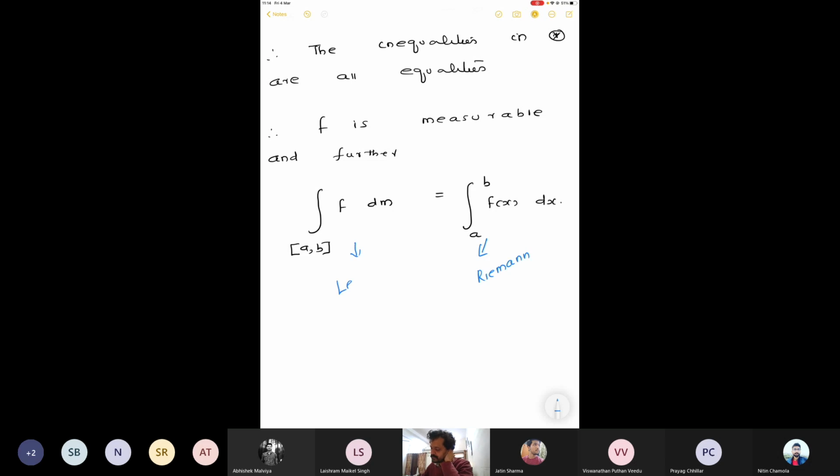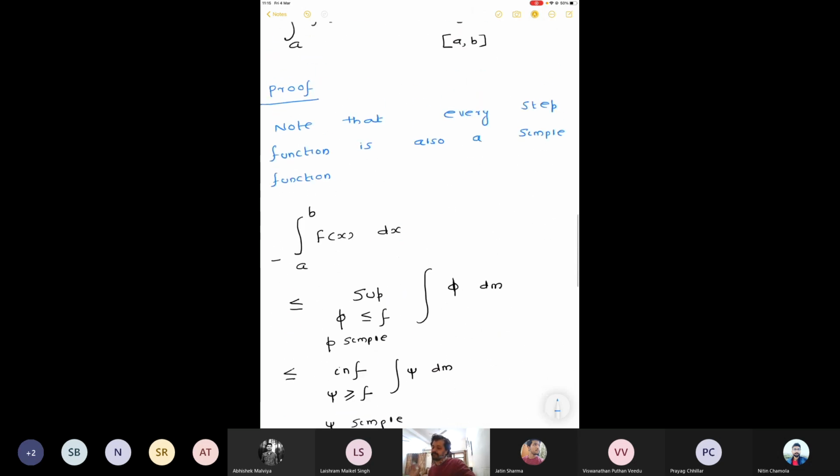So for a bounded function on an interval, measurability is not needed: if it happens to be Riemann integrable, it automatically happens to be measurable, so that you can talk about the Lebesgue integral, and the Lebesgue integral will coincide with the Riemann integral as we expect.